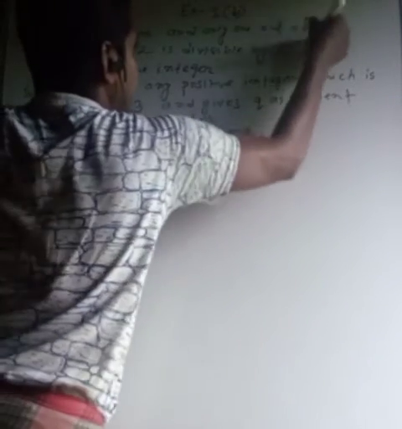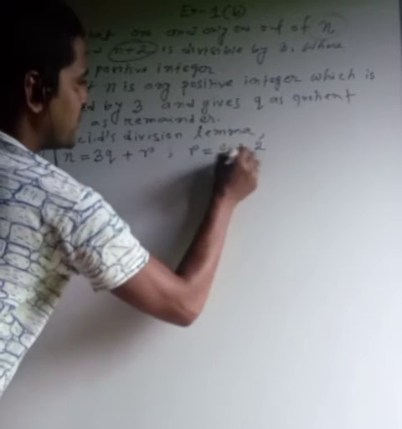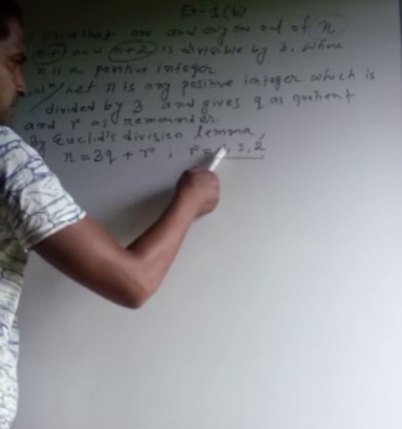So according to this question, the first case is n, the second case is n plus 1, the third case is n plus 2. There are three parts of the question, and this is a very important part. We have to check with the remainders 0, 1 and 2.